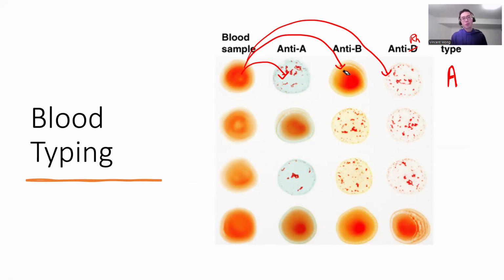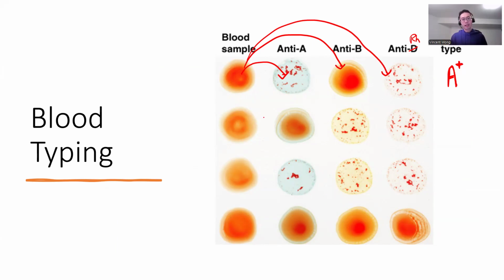No reaction with the B antibodies, so the blood does not have B antigens. And it reacted with the Rh, so this person is A positive. If it reacts with the antibody, then it must have the antigens on it.